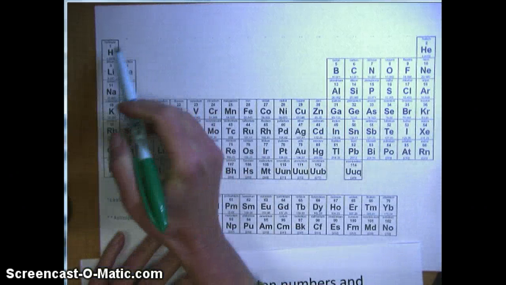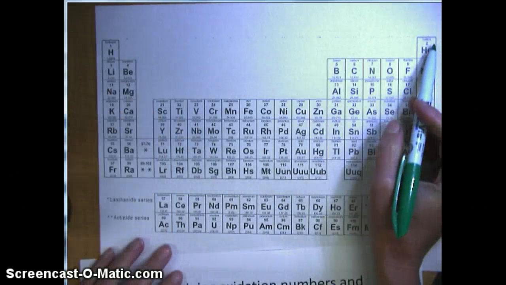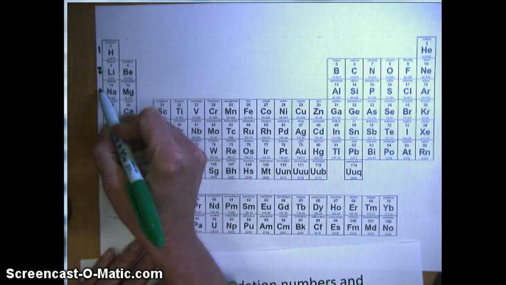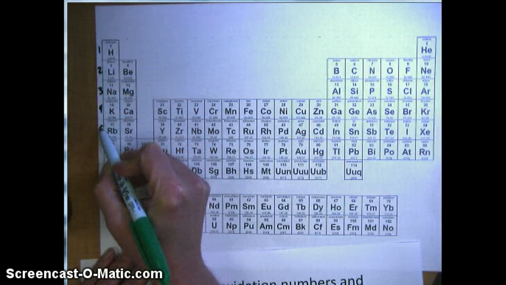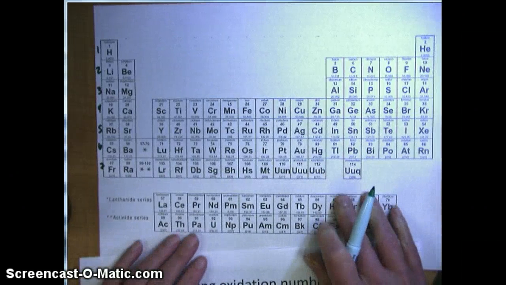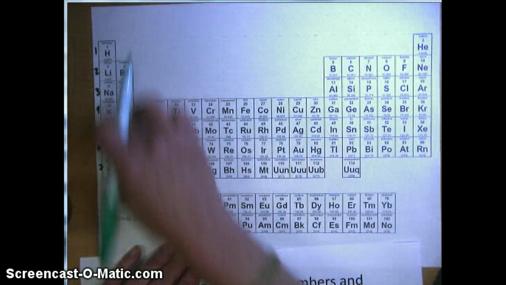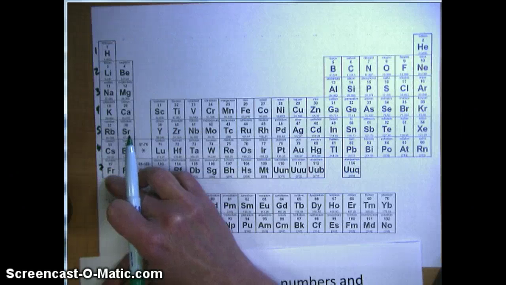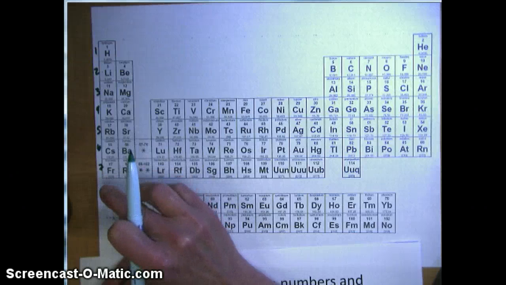But each row or period corresponds to an energy level. So 1, 2, 3 energy levels, 4, 5, 6, 7 energy levels. Each family acts similarly, and the reason why they act similarly is because they have the same valence electrons. Valence electrons are electrons on the outer shell.